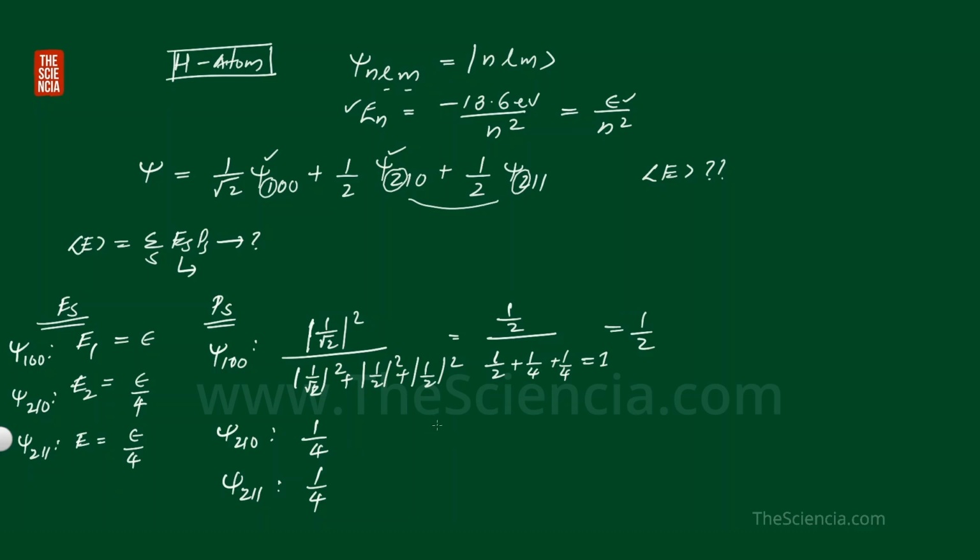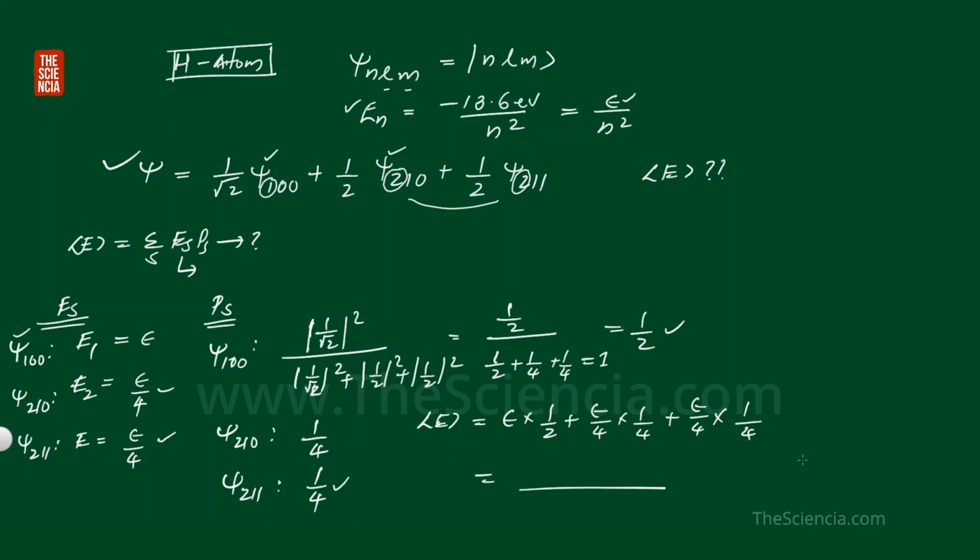Now we can find the average value E. For the first state, the energy is E into probability 1 by 2, plus the second state, the energy is E by 4 into its probability 1 by 4, plus the third state, the energy is E by 4 into its probability 1 by 4. Multiplying this you will get the answer, that is the average energy of the hydrogen atom in this particular state.